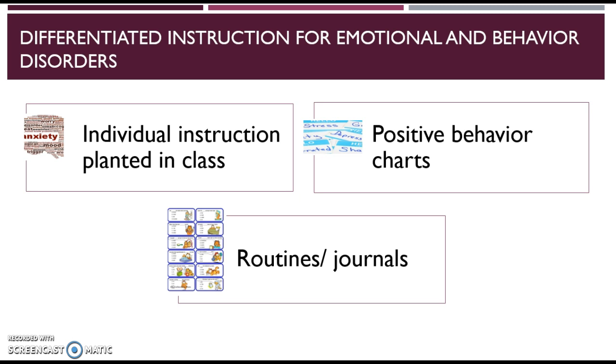And journaling is a great thing because it can definitely make an outlet for their emotions to go when they're feeling a certain way throughout the day. It kind of gives them some free time to expand and think and really get into it. And then having positive behavior charts as well. The behavior charts will help to see how they are working and what they need to focus on throughout the day.